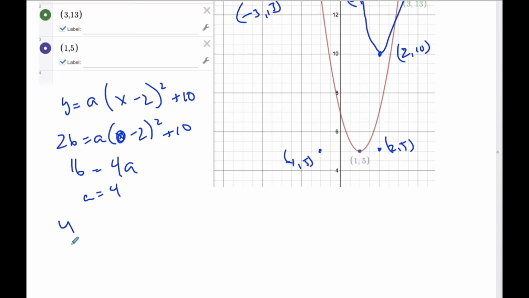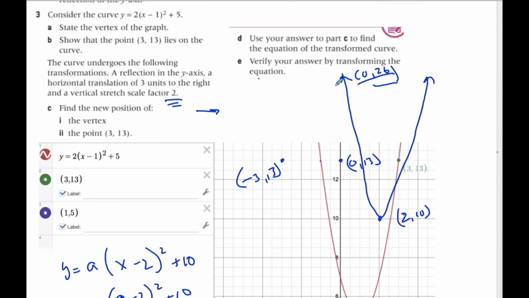And so I get y is equal to 4(x - 2)² + 10. Okay, and that's using the idea of the transformations, keeping track of the points, and then building the equation from our transformations. That is how we could do C part.